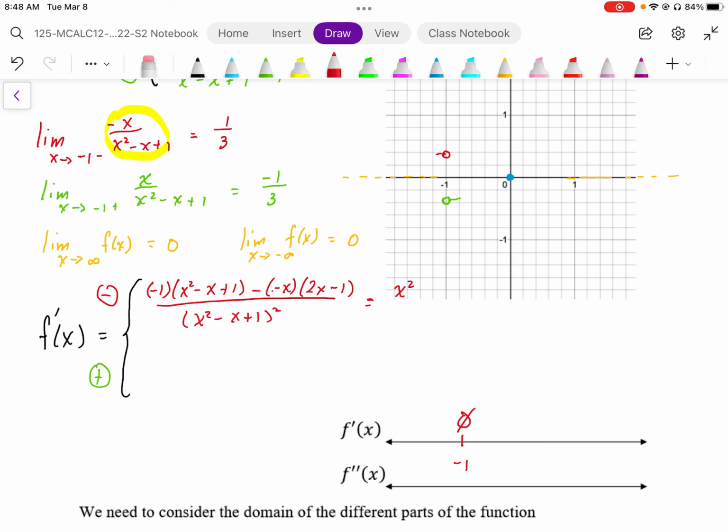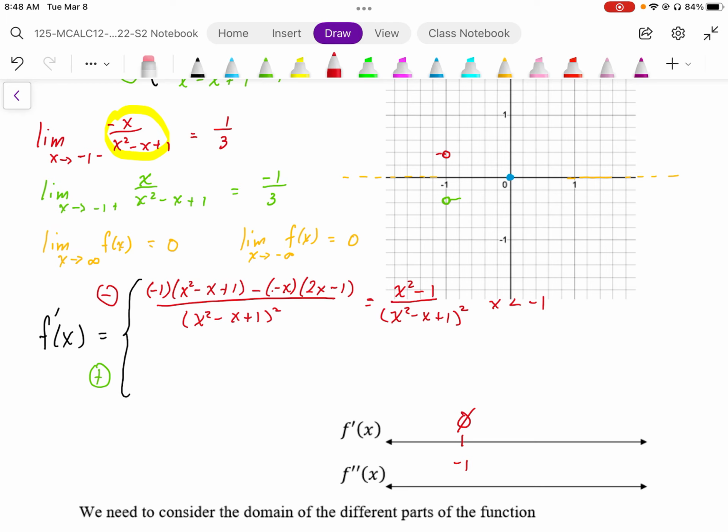In terms of my ones, I'm going to end up with -1. So that's my numerator, and my denominator works out to be x squared minus x plus 1 all squared. And this is for the domain of x is less than -1.